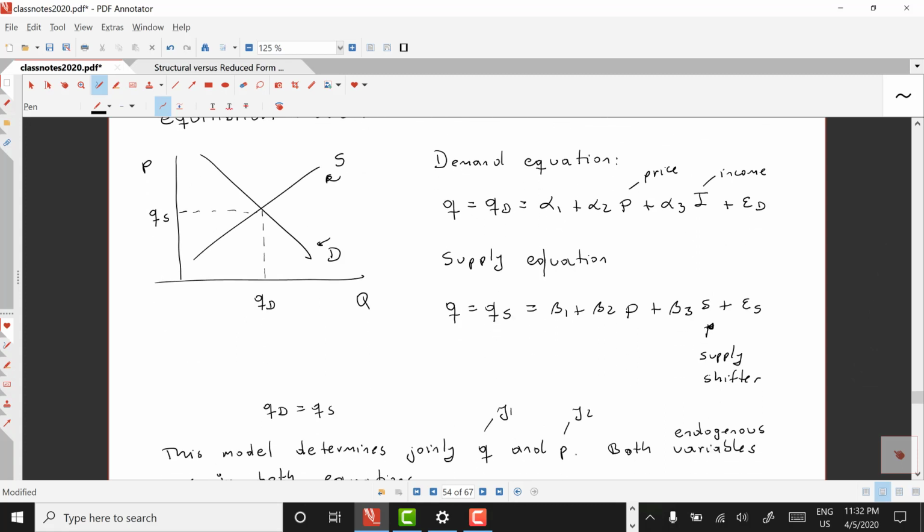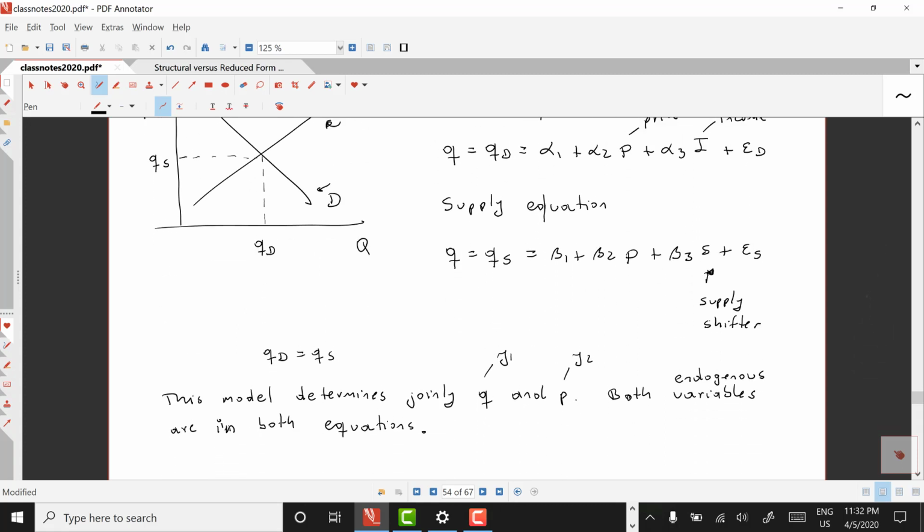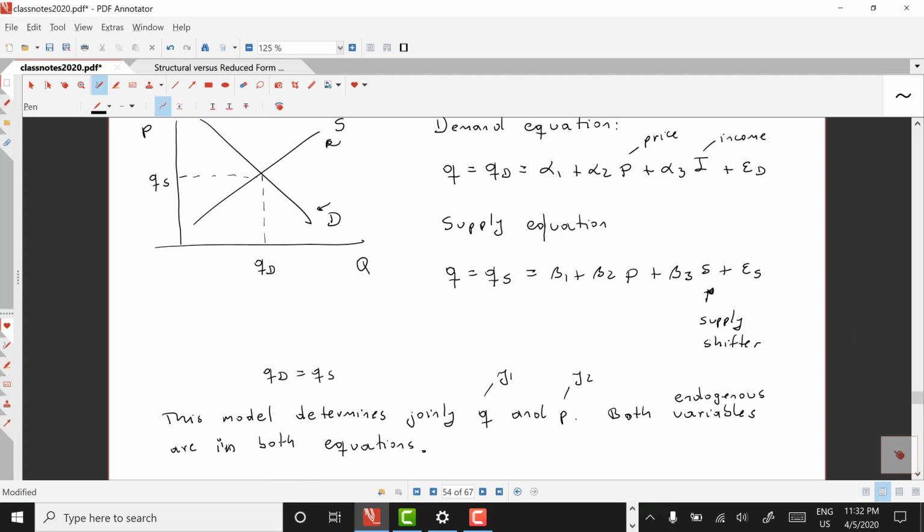But in this demand and supply framework, basically we have y2 as the explanatory variable in both equations. That might look a little confusing, but actually we can rewrite any of the equations as a function of the price instead of as a function of quantity.